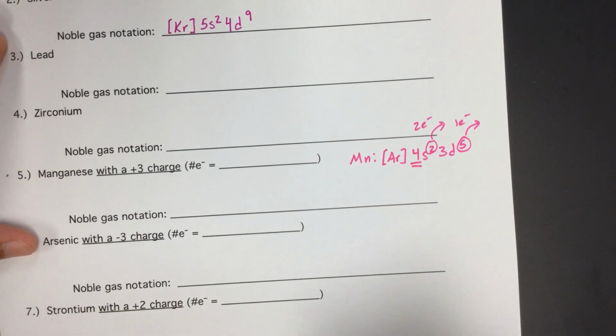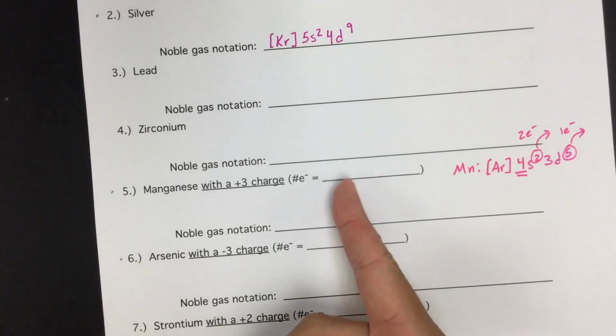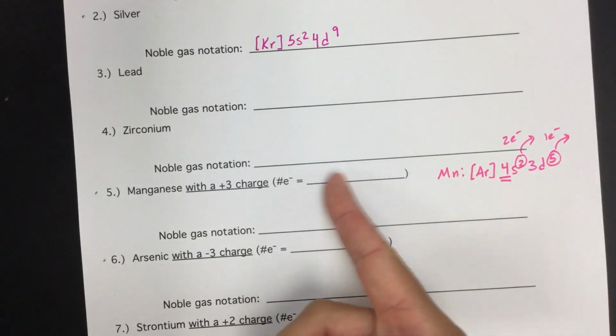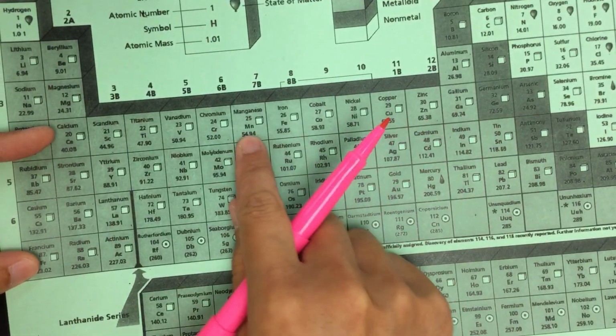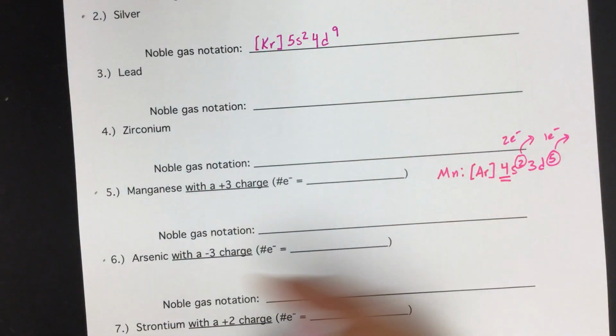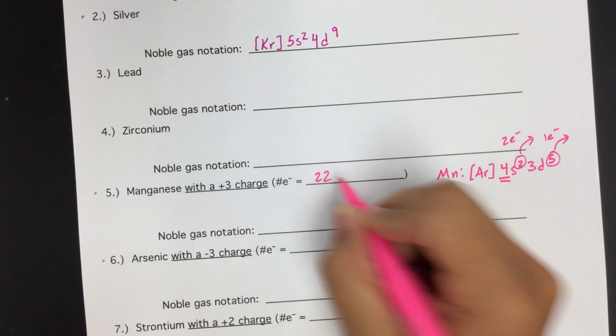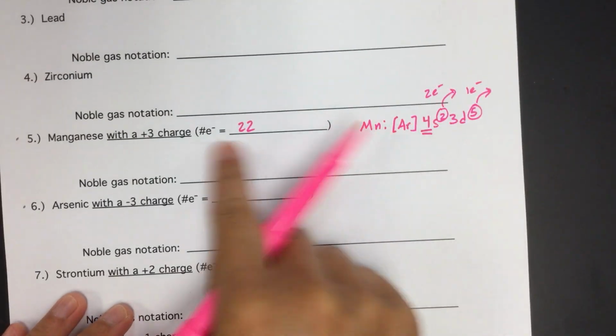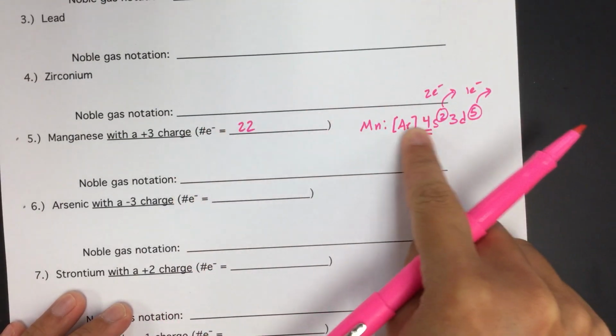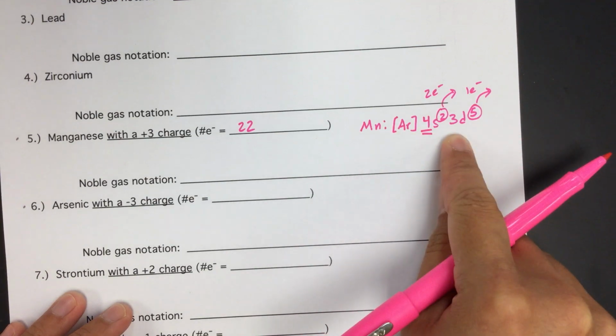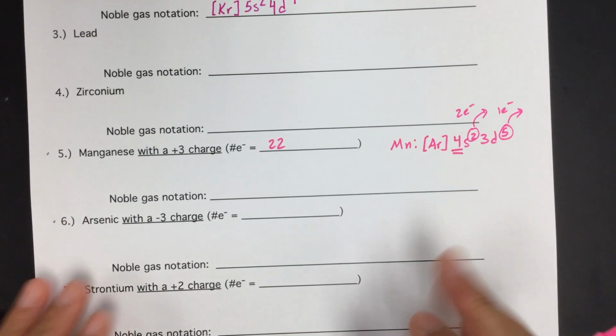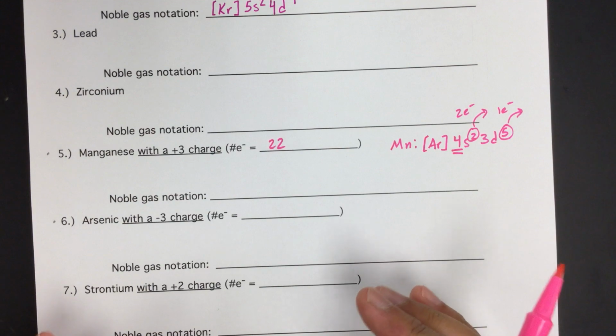Originally we had 25 electrons, but since we lost 3, we'll have 22 electrons. But I honestly think rather than doing this, it's more beneficial to write the neutral electron configuration so you can really see which electrons are being removed.